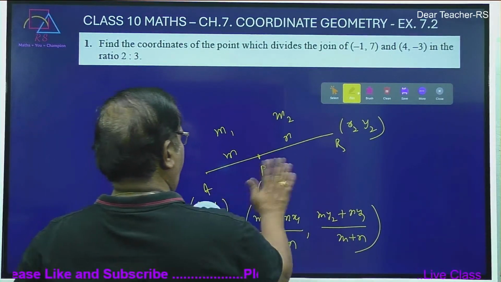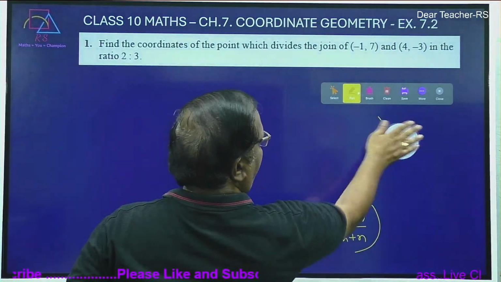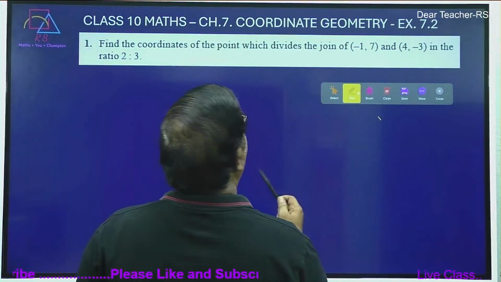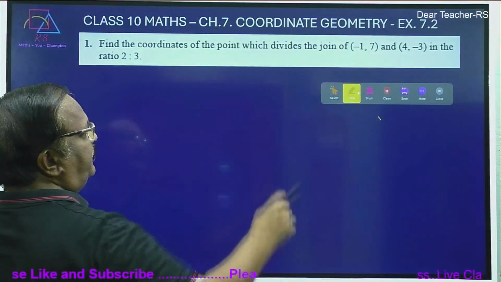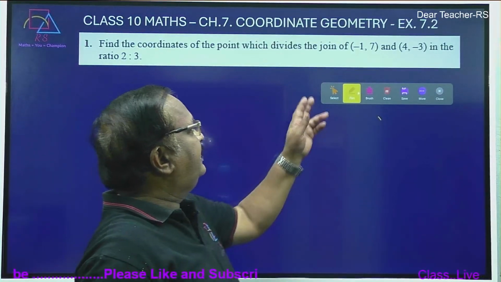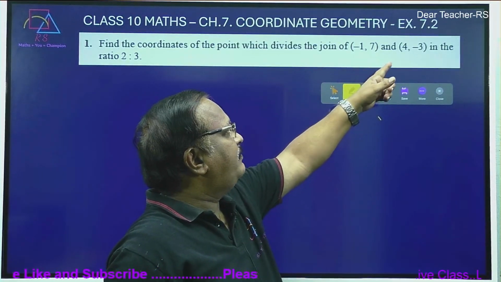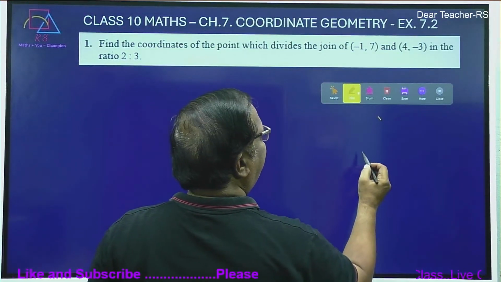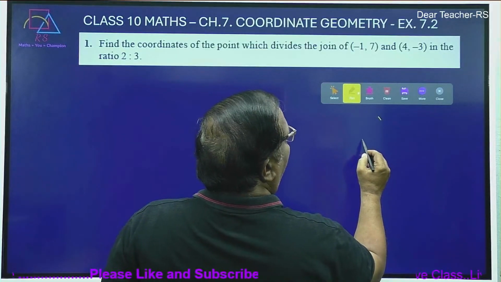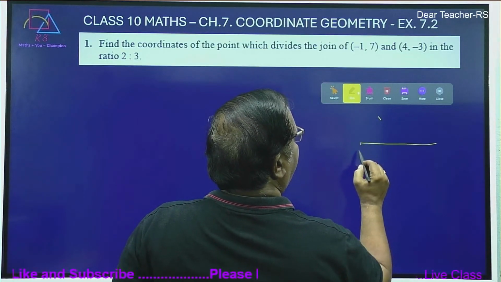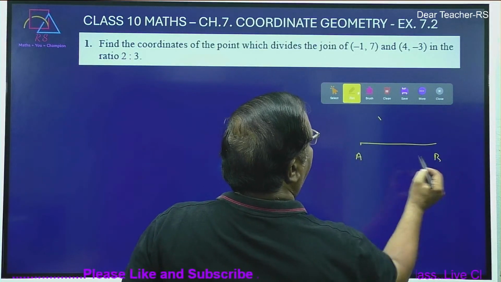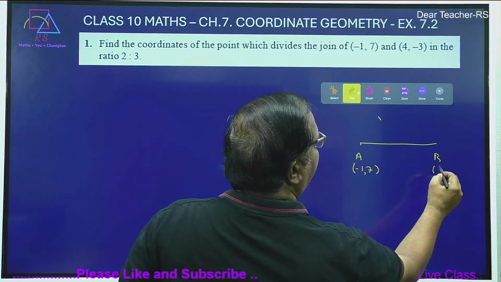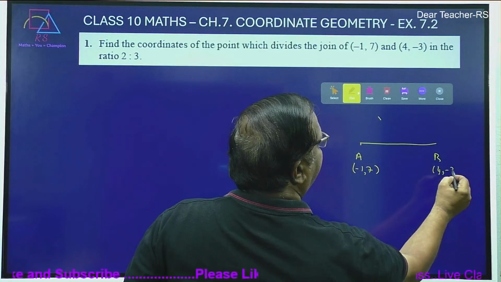So now let us do the questions. Find the coordinates of the point dividing the join of -1, 7 and 4, -3 in the ratio 2:3. This is the line segment AB. A is equal to -1, 7 and B is equal to 4, -3.